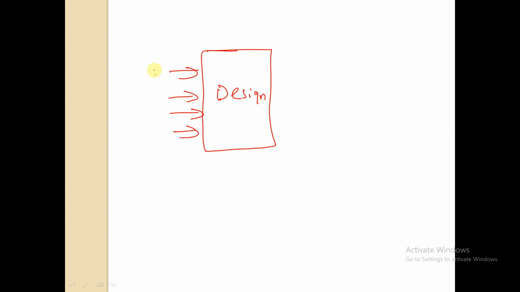Normally if we think like this, suppose this is a design and these are some of the inputs to our design, and this is our output.